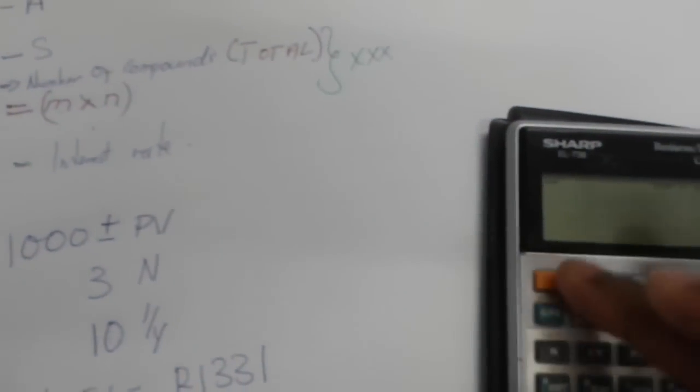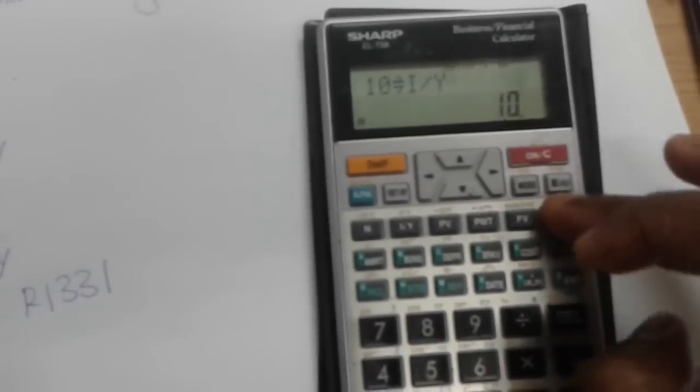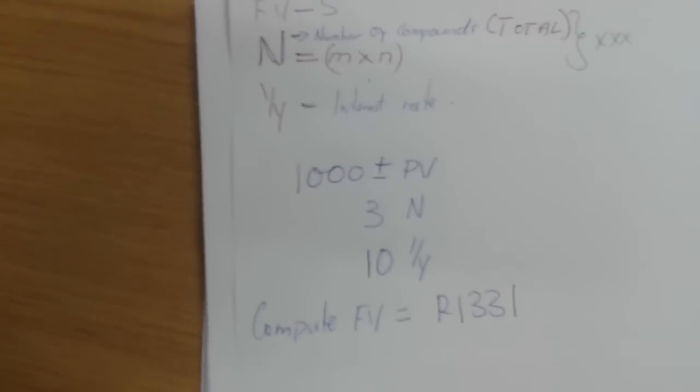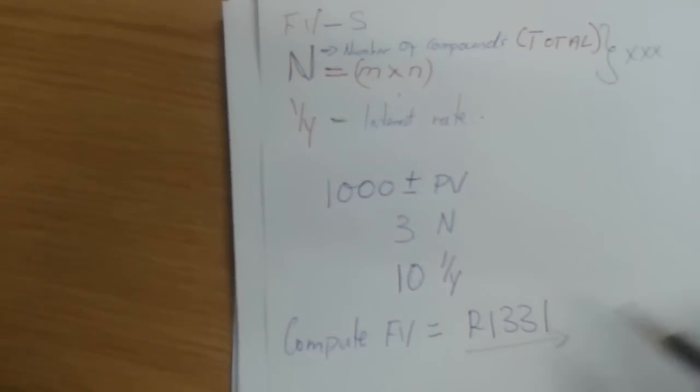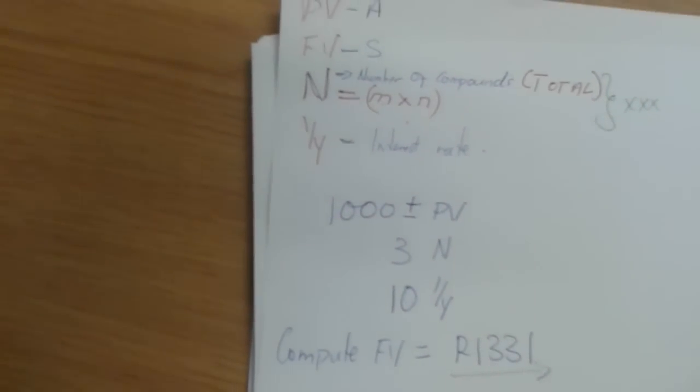And here same thing: 1000 plus minus, that is your PV, then 3 is your N, then 10 is your I, and compute first, then FV. Same answer, 1331. So that is how you calculate your future value using calculators.